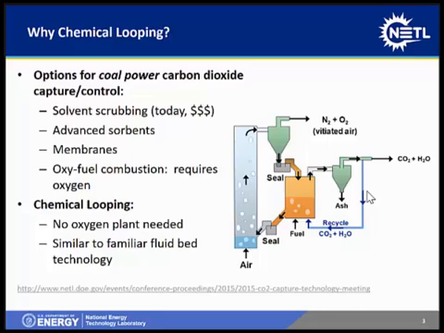In the fuel reactor, the oxygen carrier particles react with coal particles or with natural gas, and since there's nothing but oxygen over here, that means the exhaust will be carbon dioxide plus water vapor. The water vapor can be condensed, the carbon dioxide can be sequestered into the ground. There are other ways to do this.